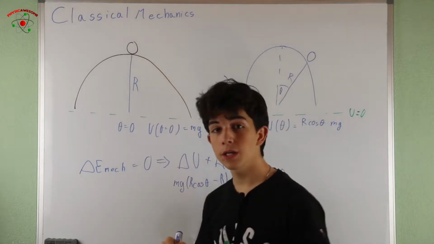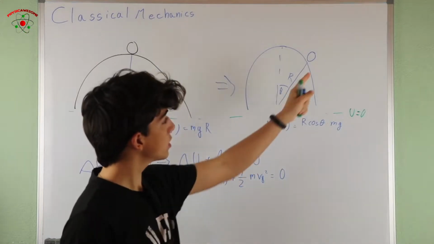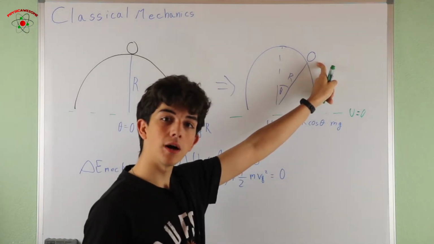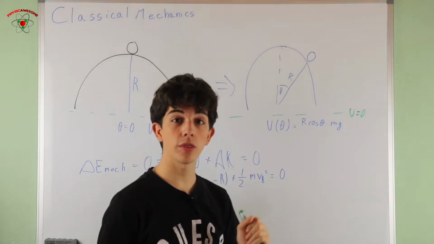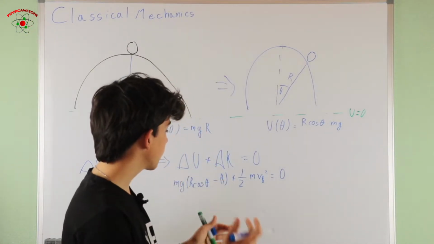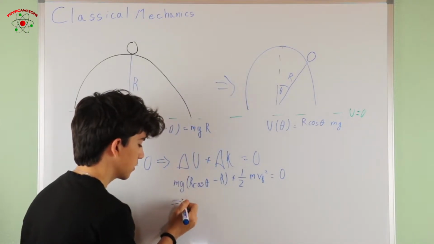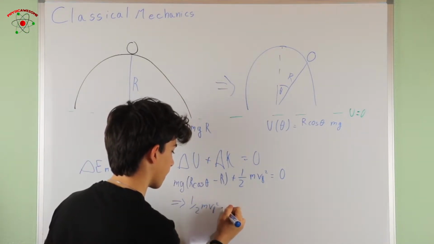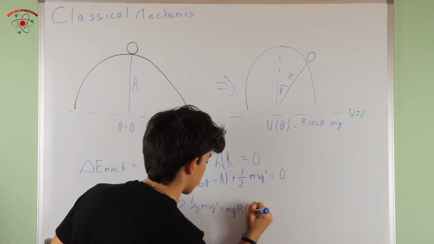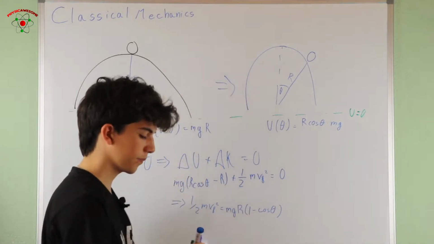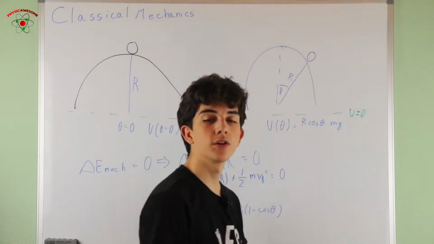In this way, we can find which velocity the ball is going to have for each angle theta in a very easy manner. We just need to solve for it, and we get the kinetic energy, not the velocity.